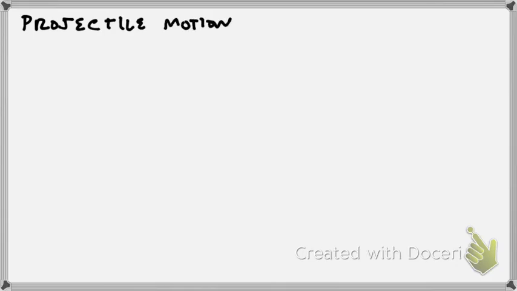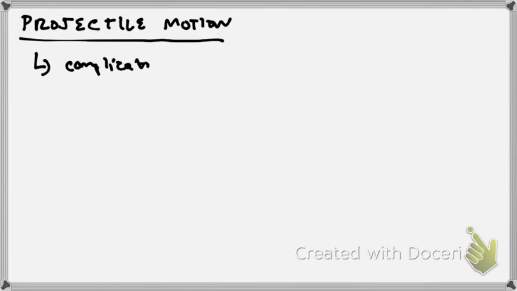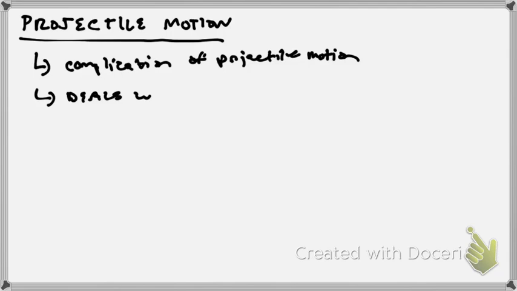And the importance of projectile motion is, not the importance, but the complication of projectile motion is only that projectile motion deals with two components, right?